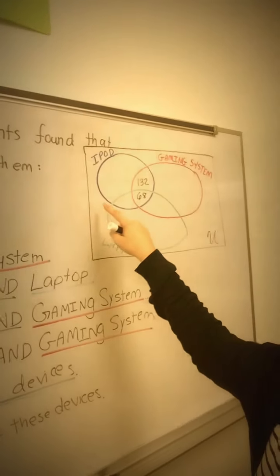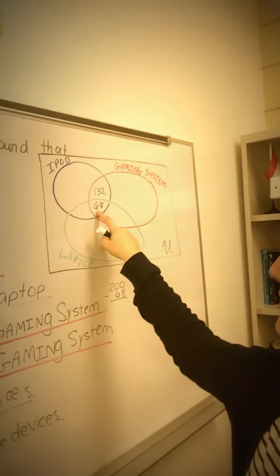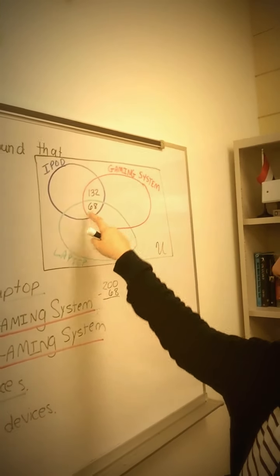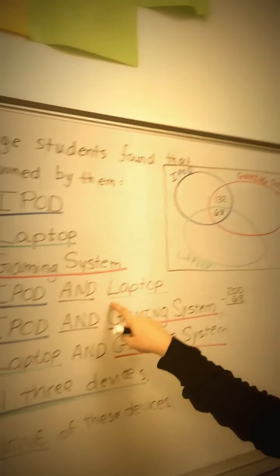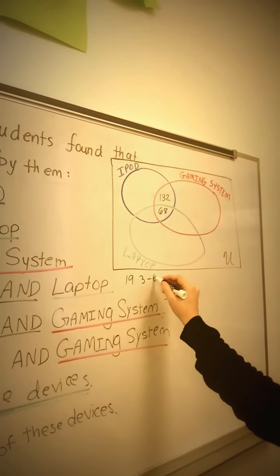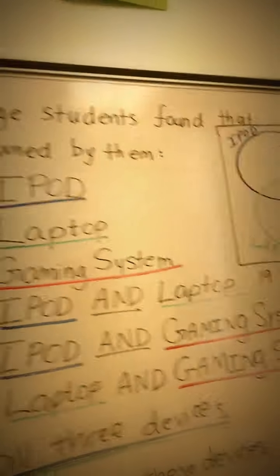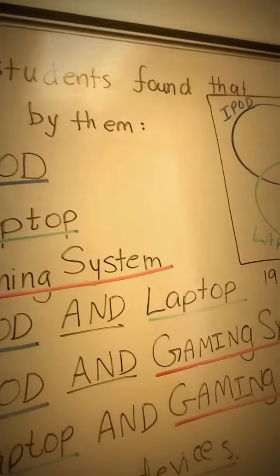So we write 132 there. Similarly, we'd like to discuss how many are in the laptop and iPod region. There were 193 who owned a laptop and an iPod, so 193 minus the 68 we've already talked about leaves us with 125.